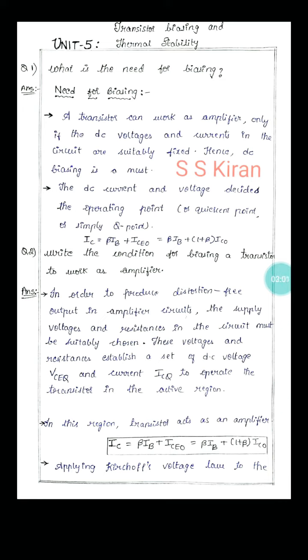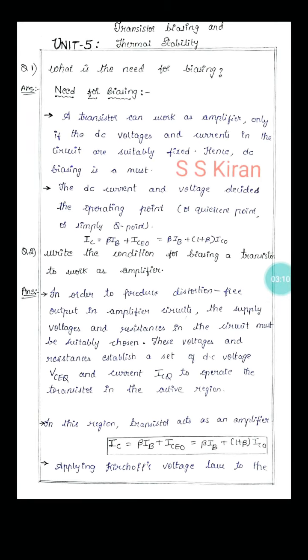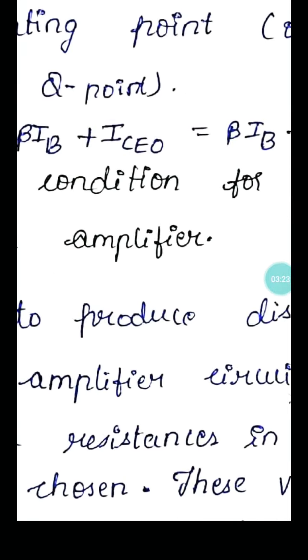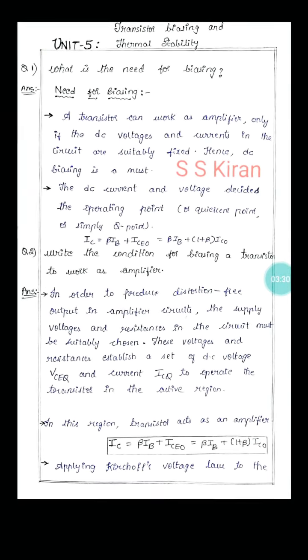Generally, in the transistor output characteristics, we have observed 3 regions: cutoff region, active region, and third one saturation region. In cutoff region, transistor acts as an off switch. In active region, transistor acts as an amplifier. In saturation region, transistor acts as an on switch. Finally, we get some distortion free output.